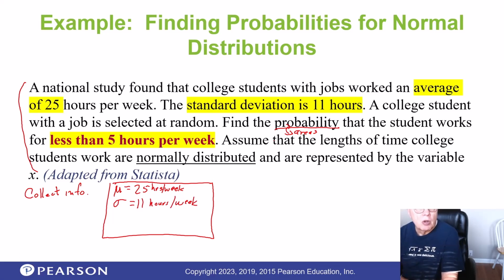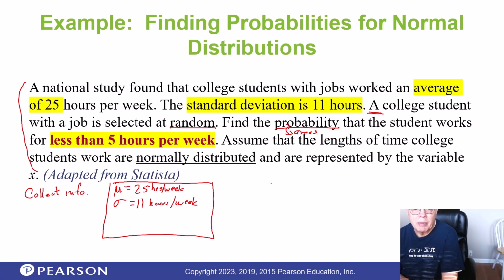Now, we pick a college student at random. A college student, we're picking one. Now in the future somewhere, I'm not telling you where, we're going to talk about picking a bunch of them, a sample of them, and finding their average. But we're talking here about picking one college student at random.